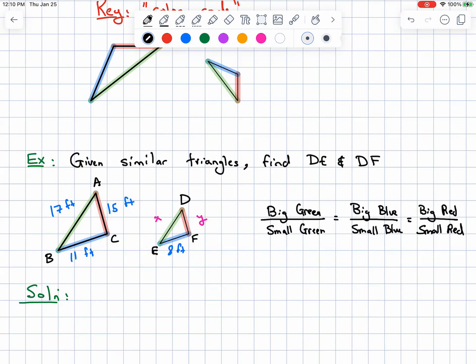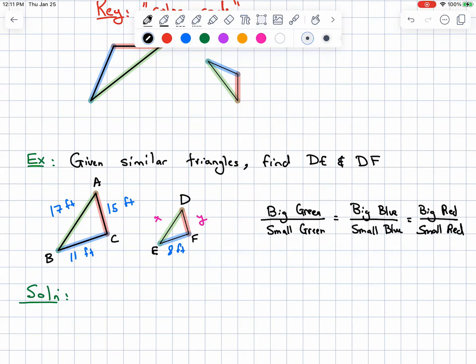Any one of those, you can set big green over small green equal to big red over small red. You could set big blue over small blue equal to big red over small red. Or you could do the first two, big green over small green is equal to big blue over small blue. As long as you're consistent, if your big triangle is up top in the numerator, then on the other side, your other big should be in the numerator as well. You don't want to flip it.